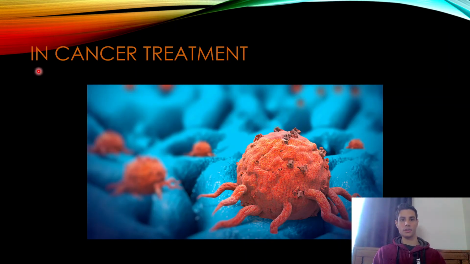Now, finally, we're going to talk about cancer treatment. mRNA vaccines can be really, really useful against cancers, and there are a lot of different ways that scientists tend to tackle this problem. One of the ways is that they search for some of the spike proteins that are shown on cancers, and they try to find some common ones so that they can make a vaccine that works with most people.